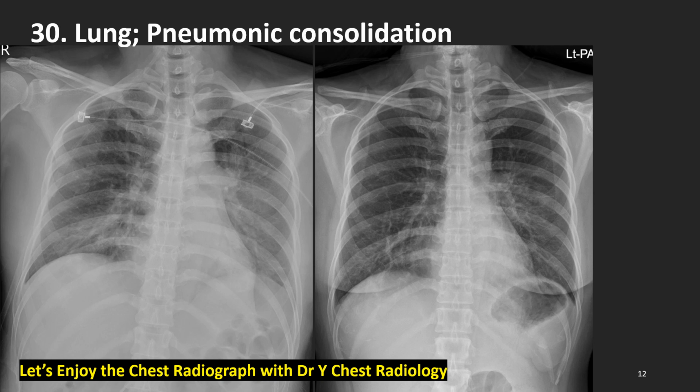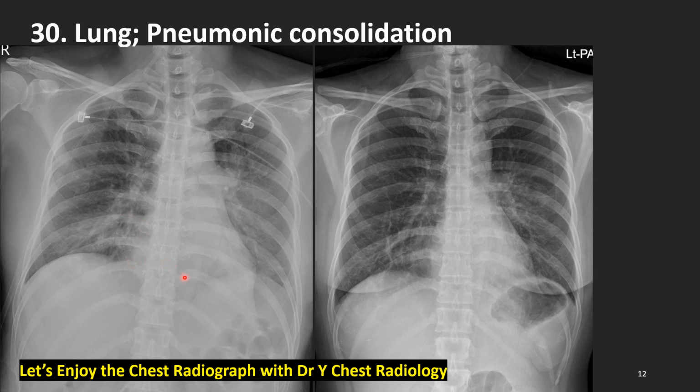How about this second case? It is a pneumonic consolidation, 1 day difference, with almost the same findings. What about the AP supine film? The right heart border is obliterated, maybe a right middle lobe lesion, with mild air bronchogram around the right heart border.